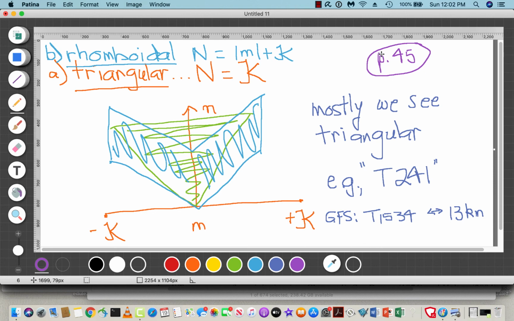So it would be the equivalent of, say, 13 kilometers east-west and 13 kilometers north-south. Rhomboidal truncation produces higher resolution near the poles. So if you're a polar scientist, you might want to use a rhomboidal truncation. And that's all I have so far, so let me end this.